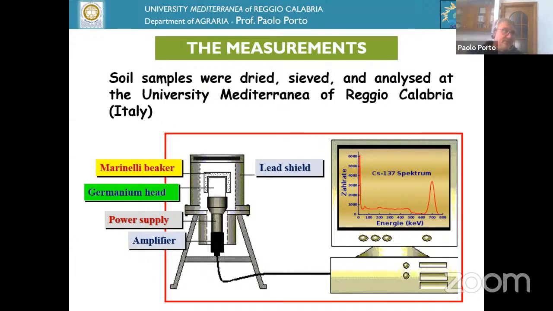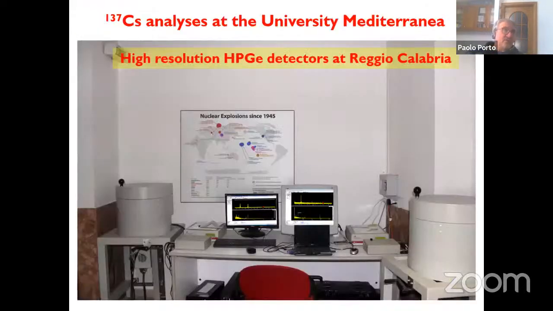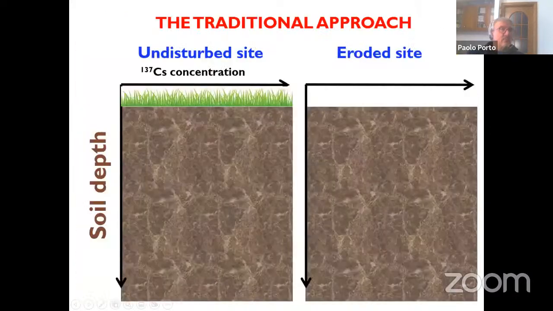And this is a sketch of the detector. This is the detector in presence, actually, that I use in my laboratory at the University Mediterranea of Reggio Calabria, just to give you an idea of how we measure these soil samples.